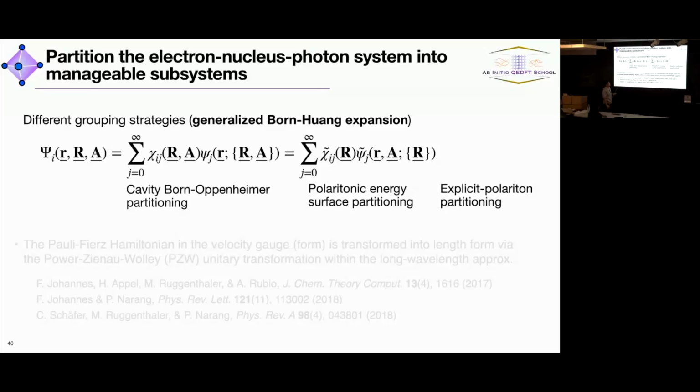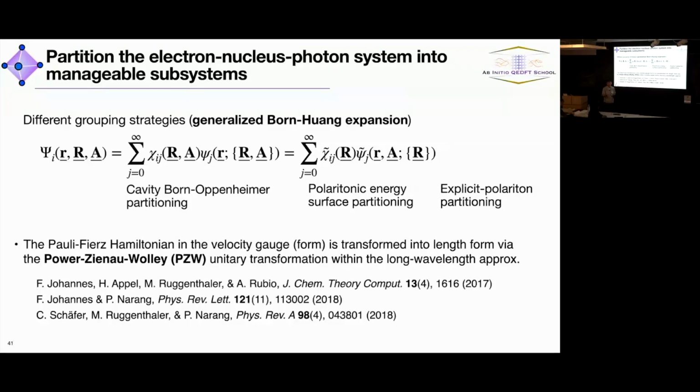Now, what we have seen is that we start from the Pauli-Fierz Hamiltonian in the velocity gauge. There's another way people do it: from the Pauli-Fierz Hamiltonian in the velocity gauge, they do a unitary transformation. This unitary transformation is called Power-Zienau-Woolley.